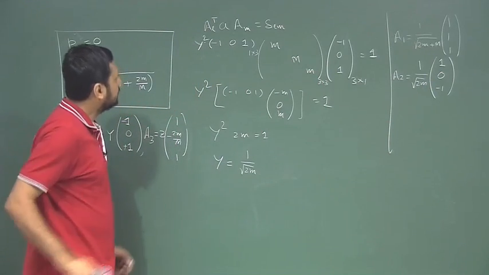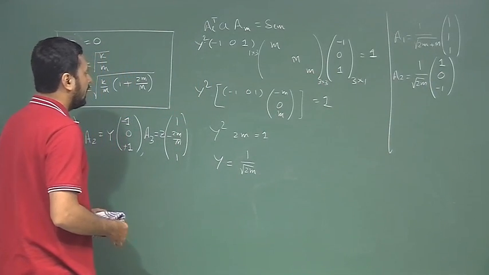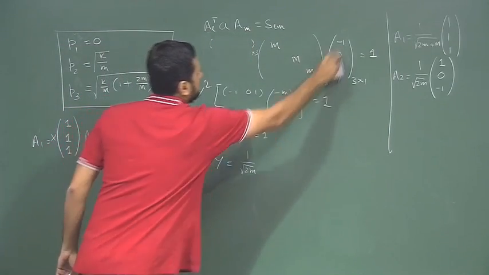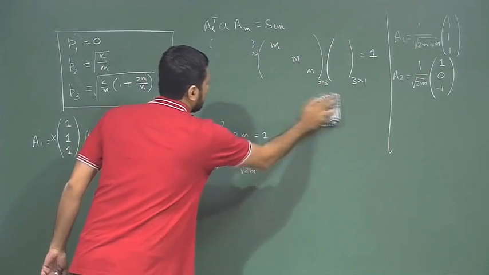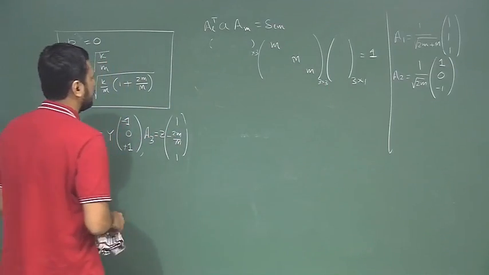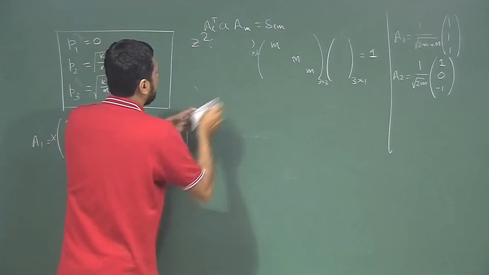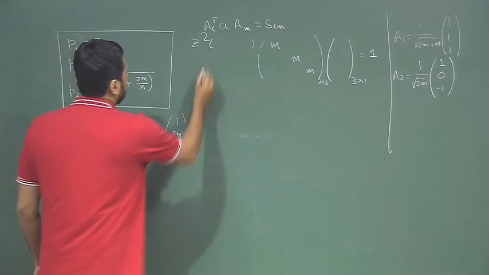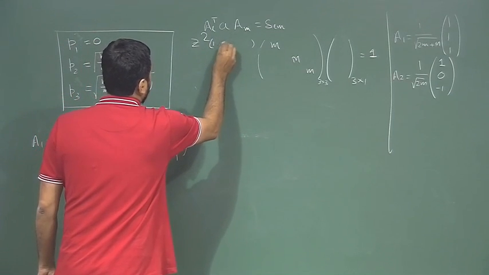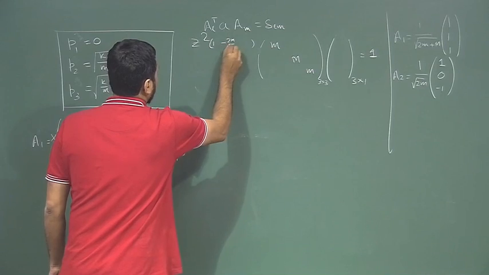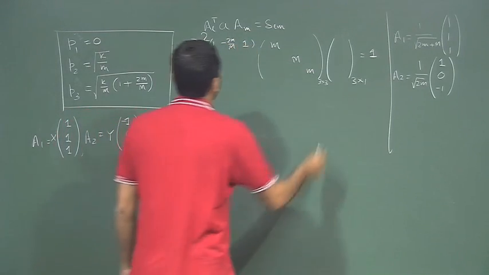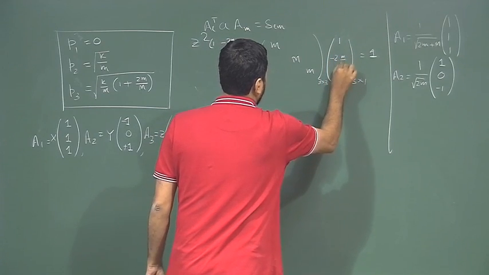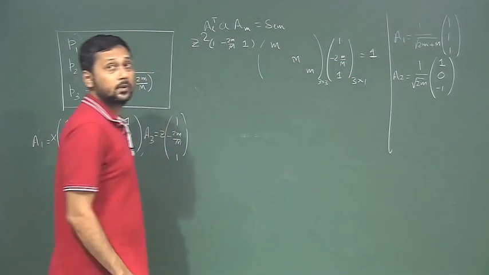And for the third normalized eigenvector, we have to write z square times (1, minus 2m by M, 1), right.